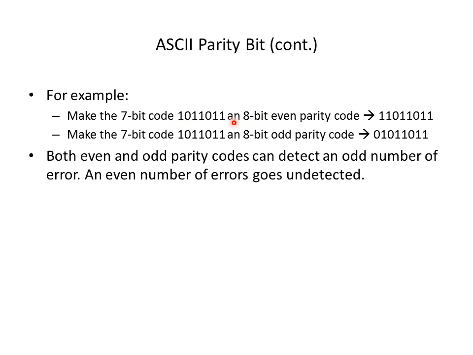So for the 8-bit even parity code, one extra 1 is added here, and it becomes even parity. Similarly, for the 7-bit code 1011, the odd parity will be 0.